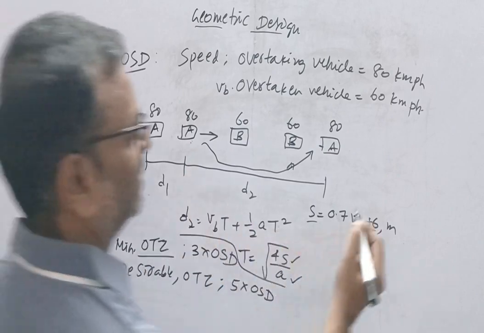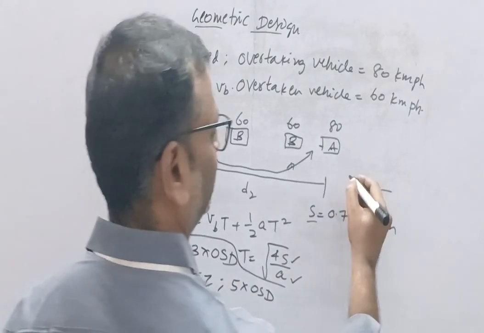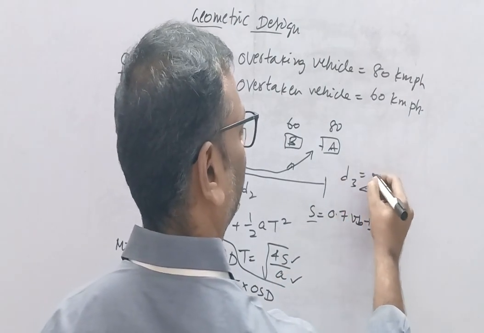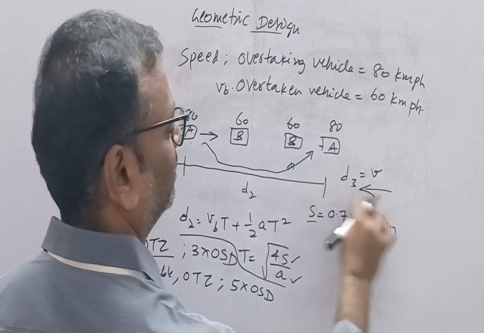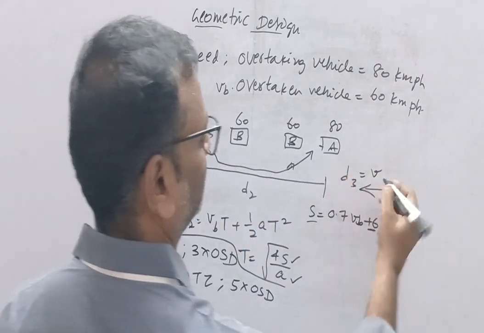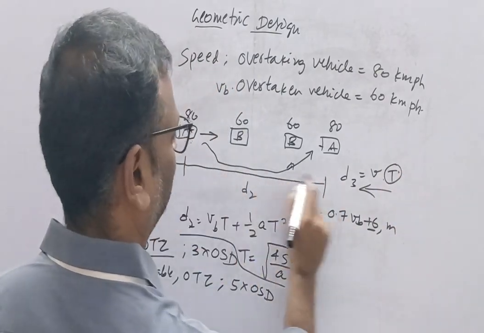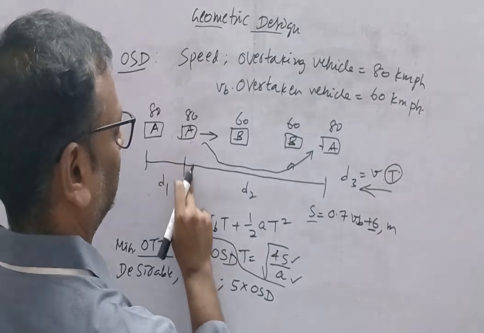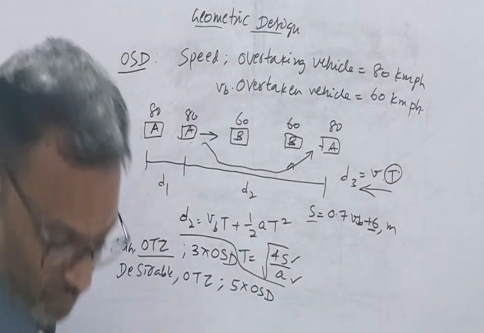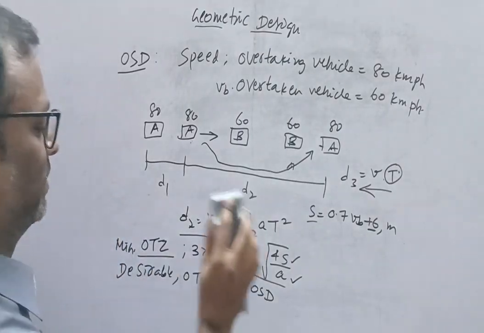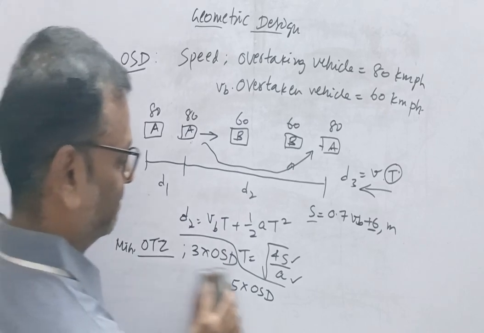And if there is an opposite vehicle, then what happens? There comes D3, which is V, the design speed of the road that has been given, into T, this time taken from this vehicle to overtake and join this lane. Got it? And there may be no twists given on overtaking sight distance.